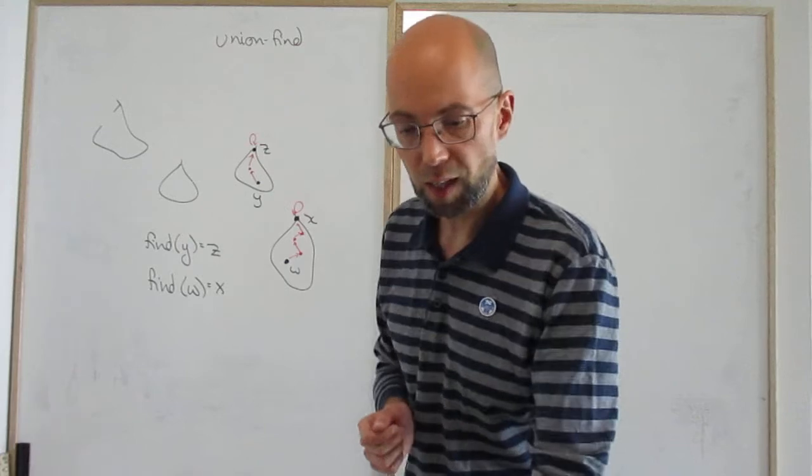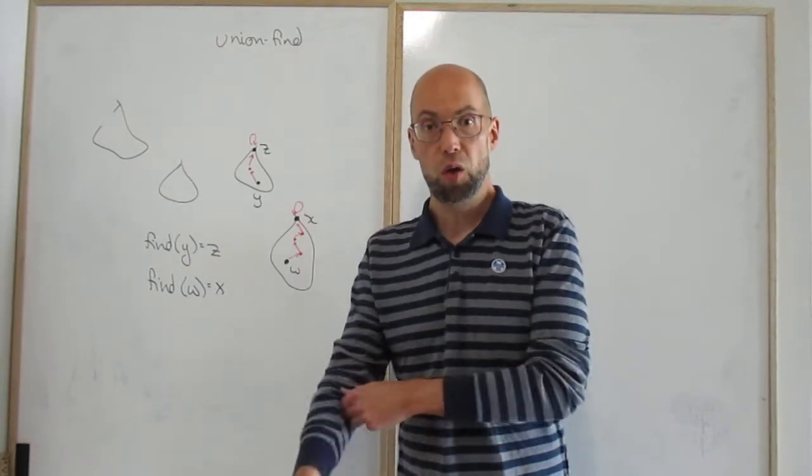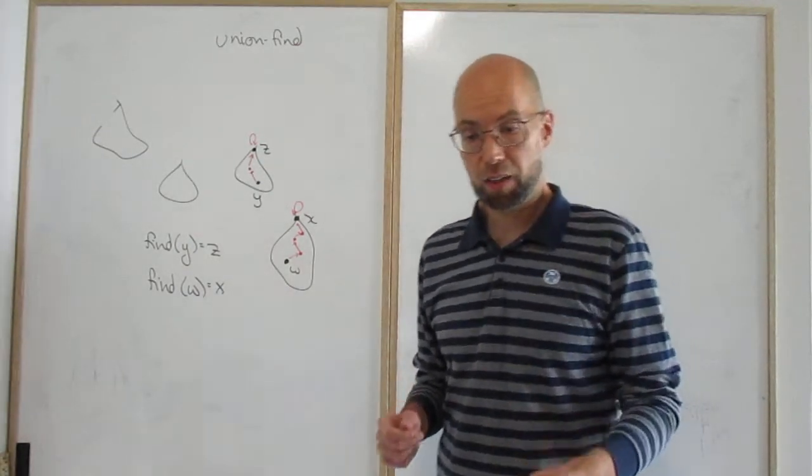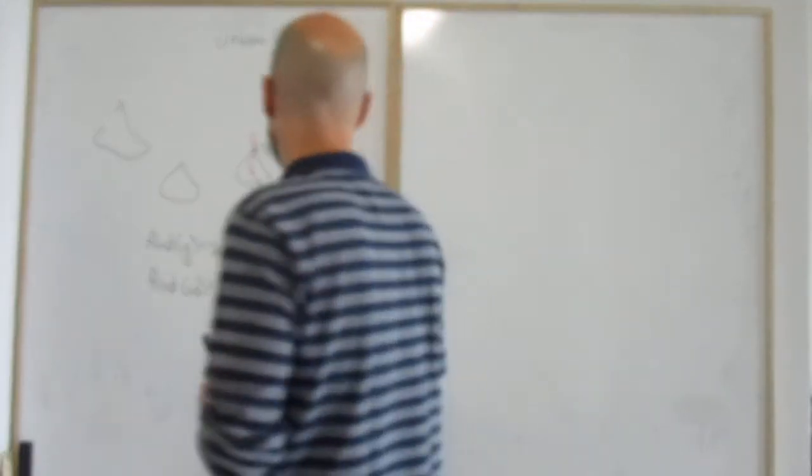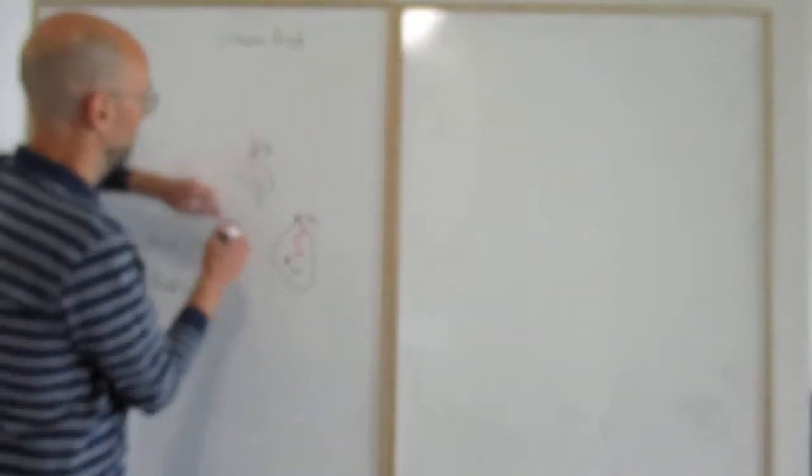Okay, so union. When I do a union, if I say union Y and W, first I find the representative of Y, I find the representative of W, and then I'm going to make one of the representatives point to the other one.